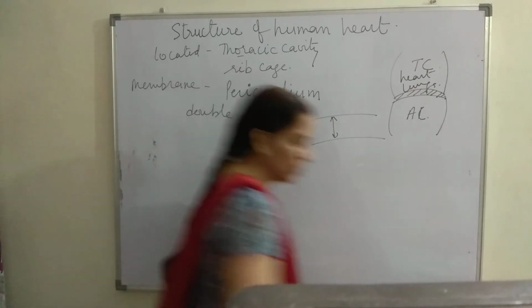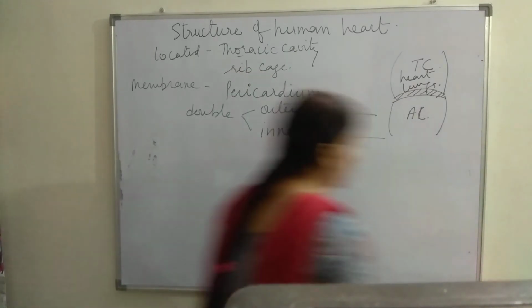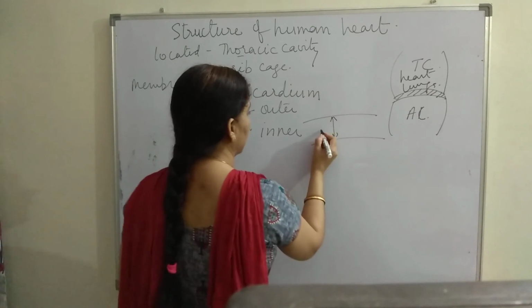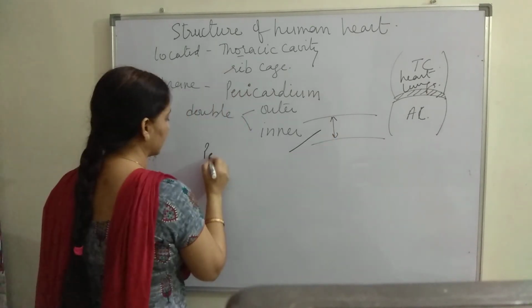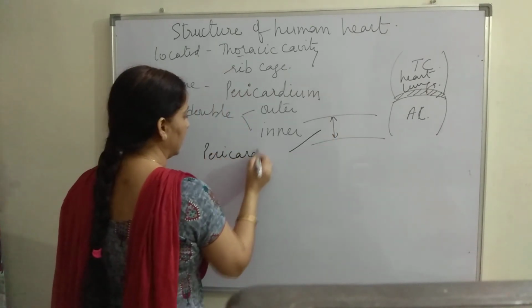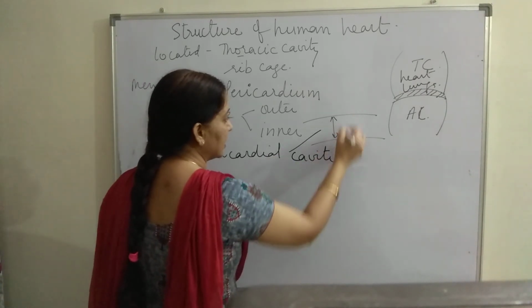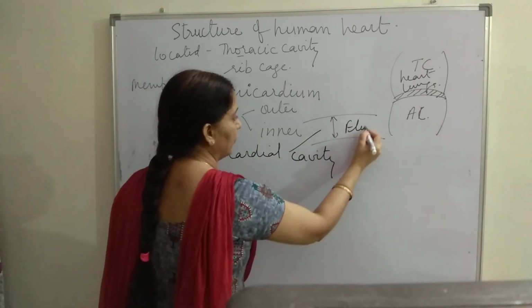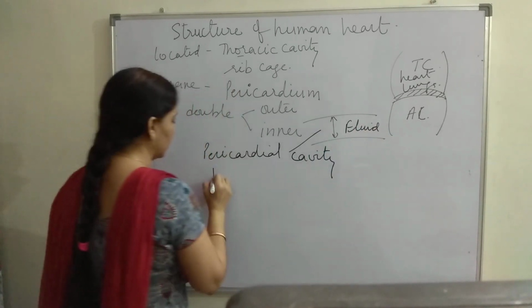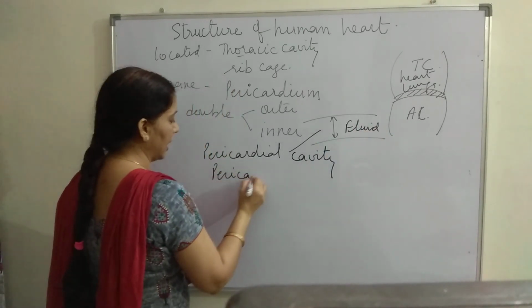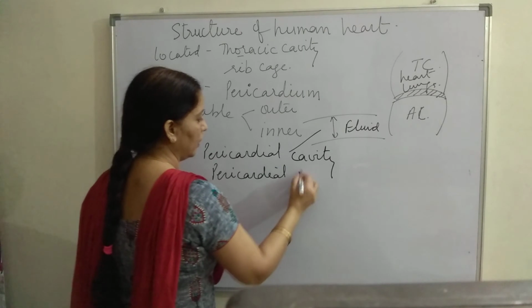This space between the two membranes is called the pericardial cavity, and this cavity remains filled with a fluid. That fluid is called pericardial fluid.